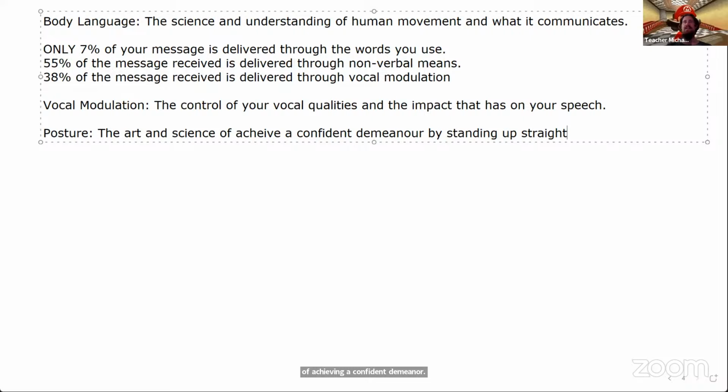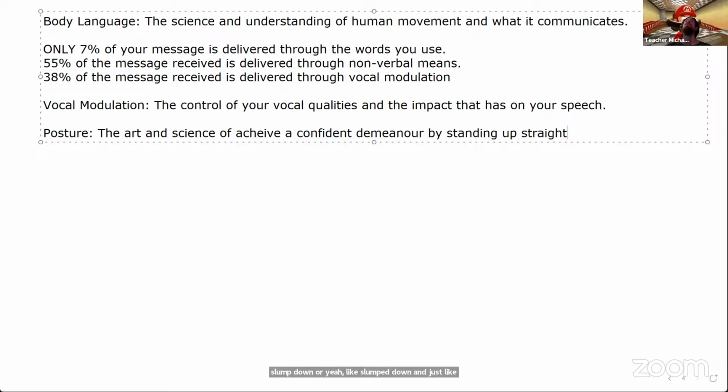So basically the better your posture, or the straighter your spine is, the more confident you appear to be to everybody else. And the worse your posture, the more you slump down and just let your spine bend and compress.